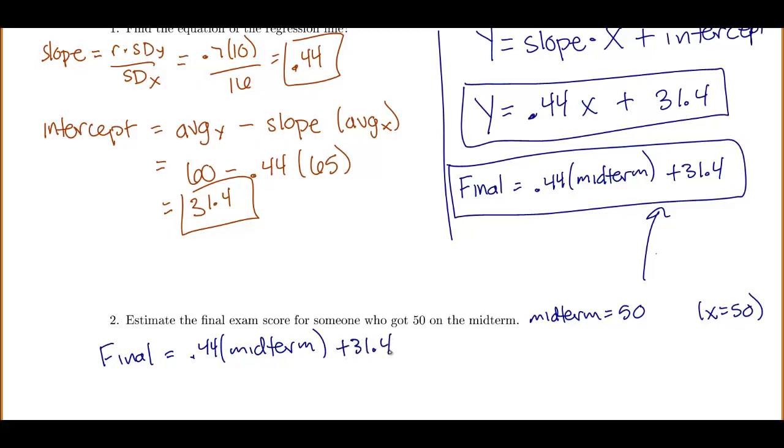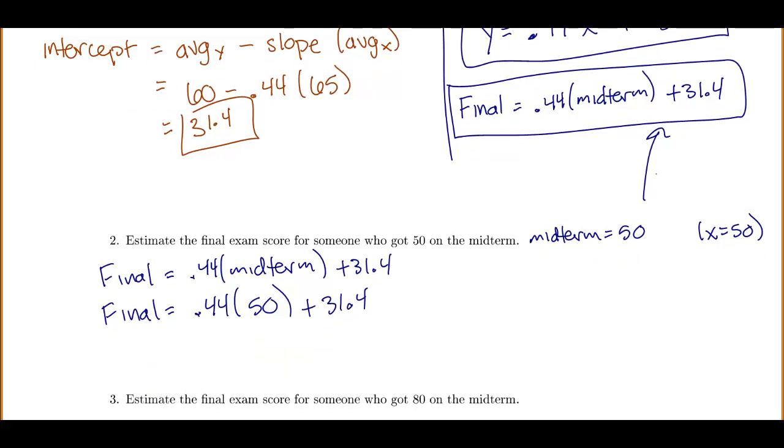So now we're just going to plug 50 into the score for the midterm. So our final is going to be 0.44 times 50 plus 31.4, which is 53.4.